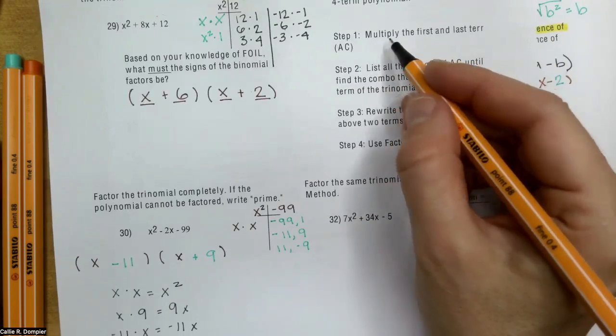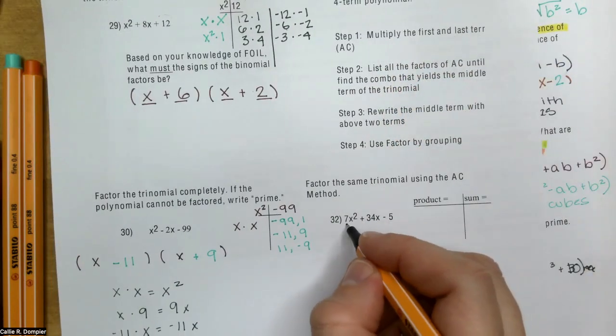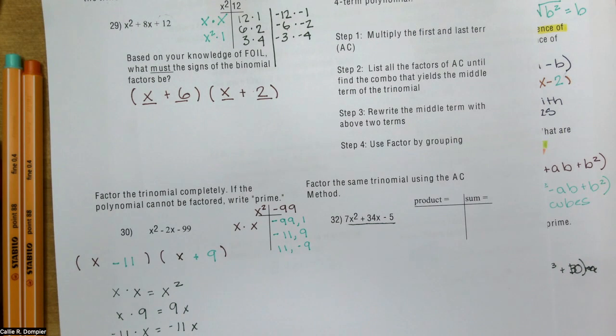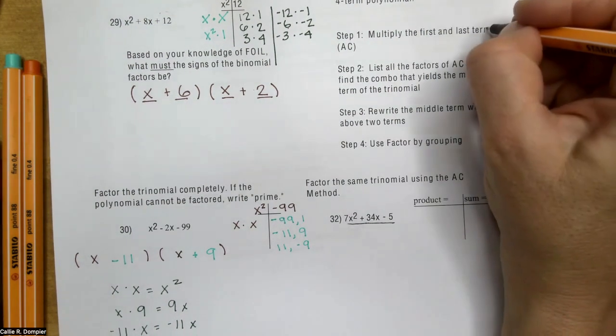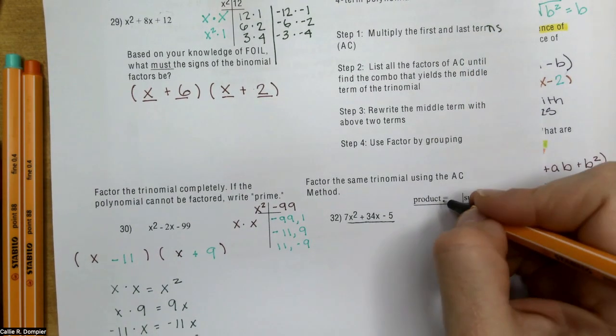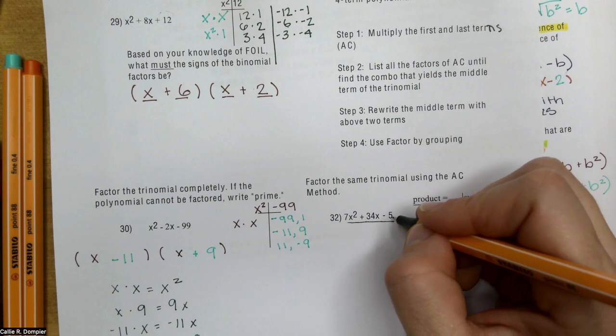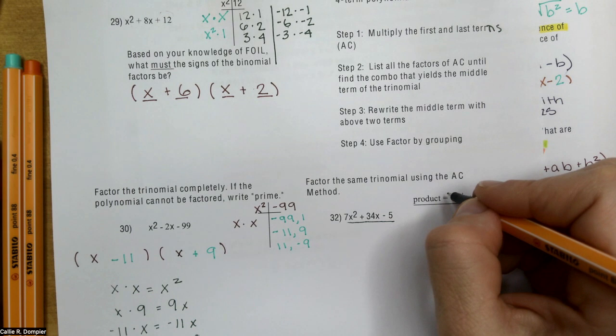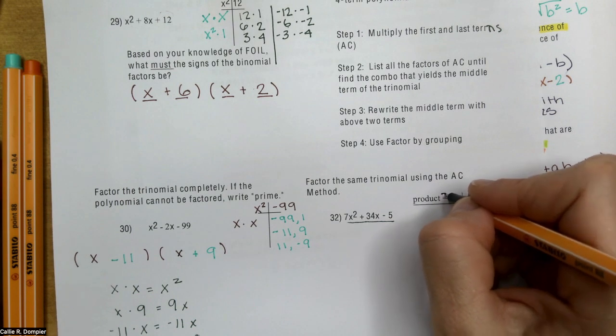Step 1 of this process is we're going to do it with number 32, 7x squared plus 34x minus 5, okay? Multiply the first and last terms of the polynomial. So the product of the first and last terms, 7 times 5 is 35.